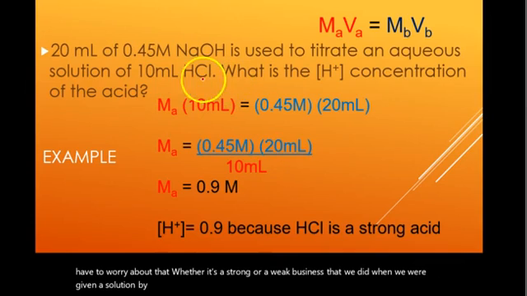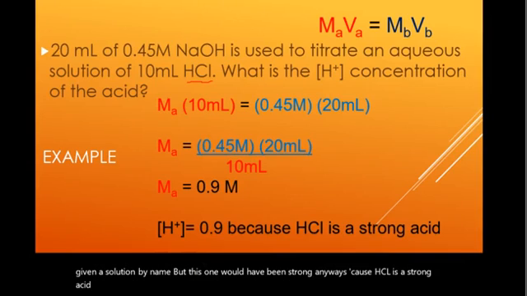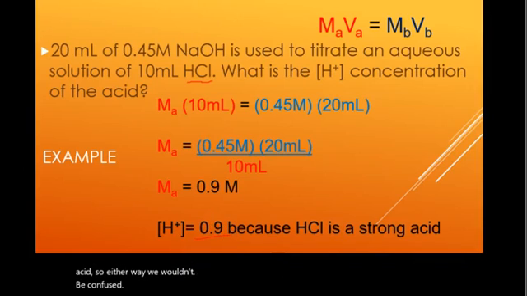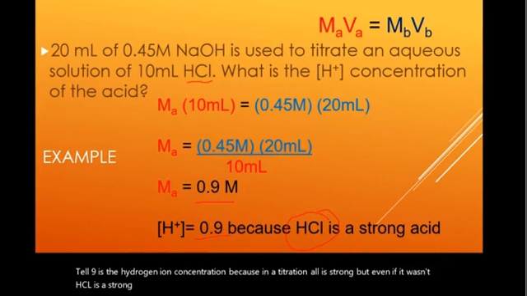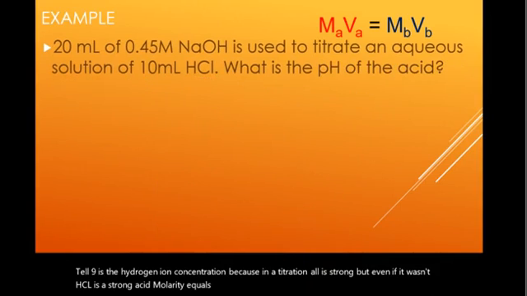But this one would have been strong anyways because HCl is a strong acid, so either way we wouldn't be confused. So 0.9 is the hydrogen ion concentration because in a titration all is strong, but even if it wasn't, HCl is a strong acid. Molarity equals hydrogen ion concentration.